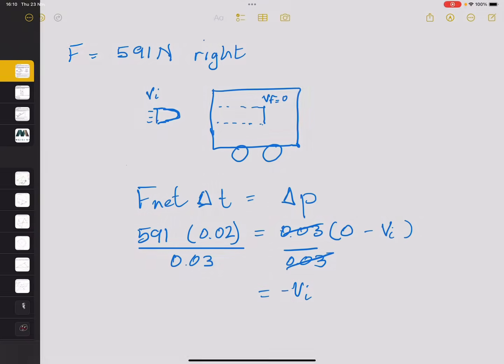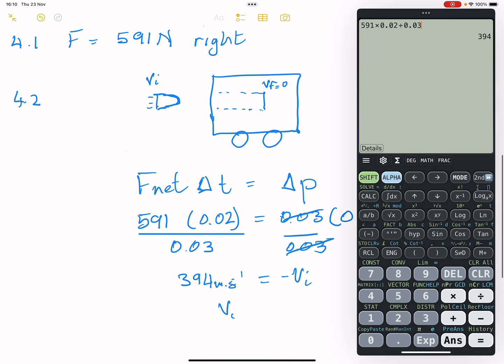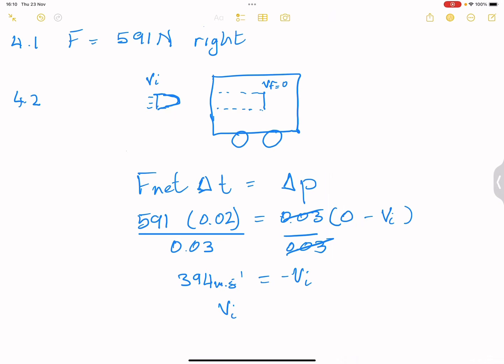Let's do that quickly. We have 591 times 0.02 divided by 0.03, so we get 394 meters per second. So the velocity will be negative 394.